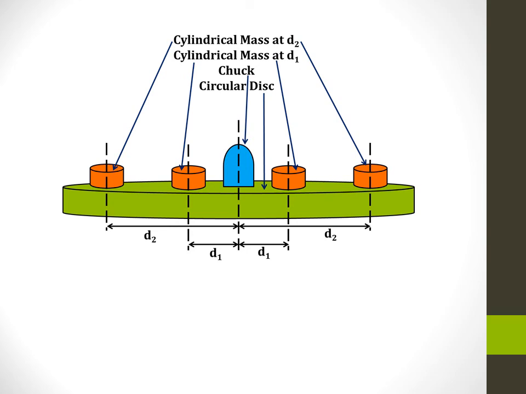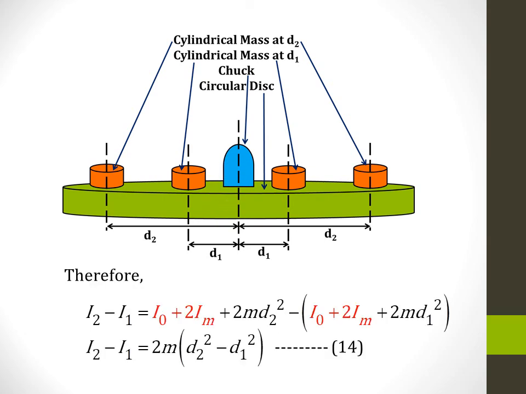Similarly, M d1 square is given by the moment of inertia of the cylindrical mass with respect to that of the disc at a distance d1. Similarly, M d2 square stands for the moment of inertia of this cylindrical mass which is at a distance d2 from the center of the disc.